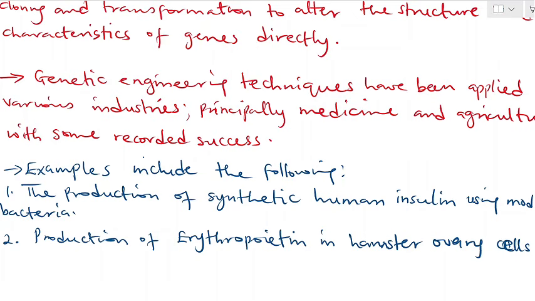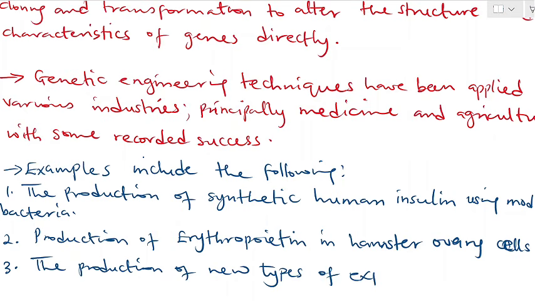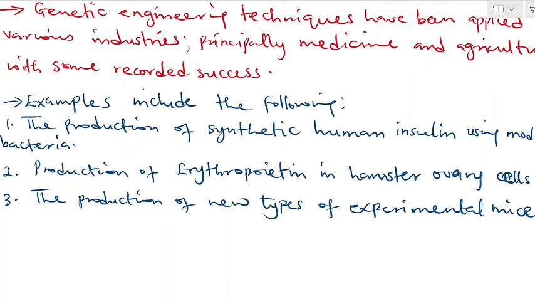Then we also have the production of new types of experimental mice, such as the oncomouse.